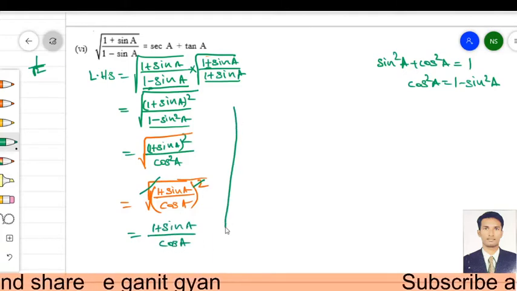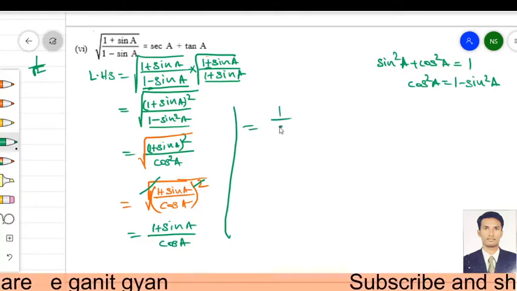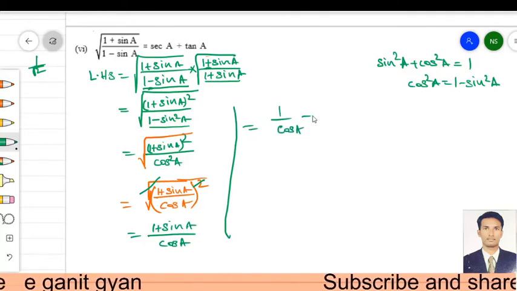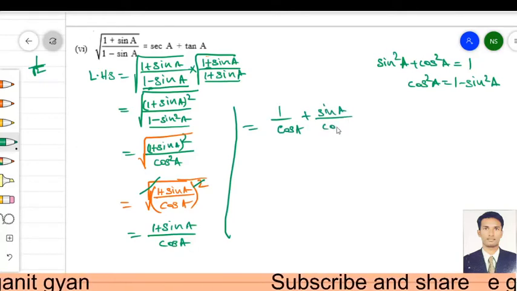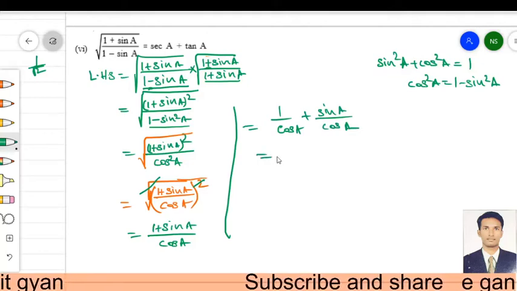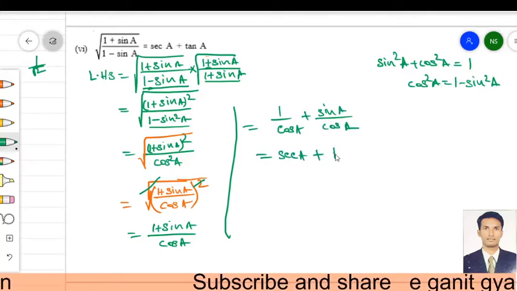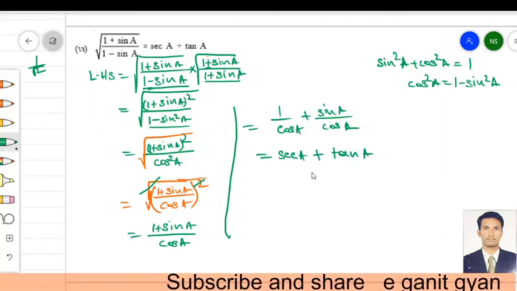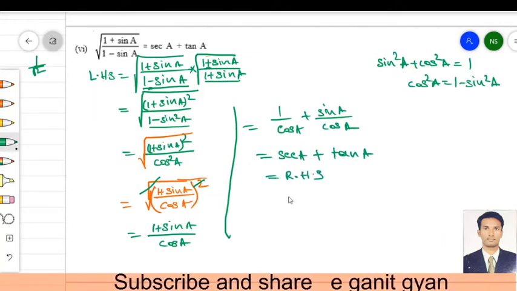Then we can continue by splitting the fraction: 1 by cos a plus sin a by cos a. 1 by cos a is secant a and sin a by cos a is tan a. That is our RHS, whatever they asked in the question.